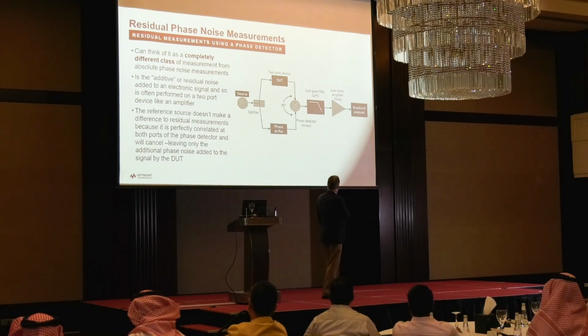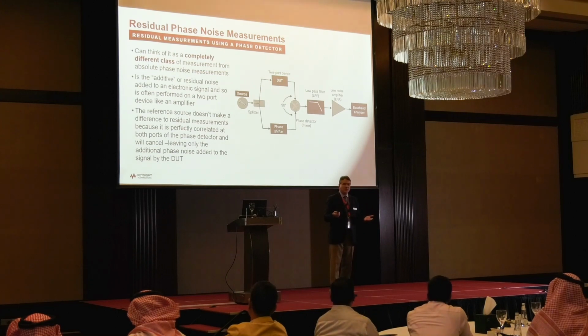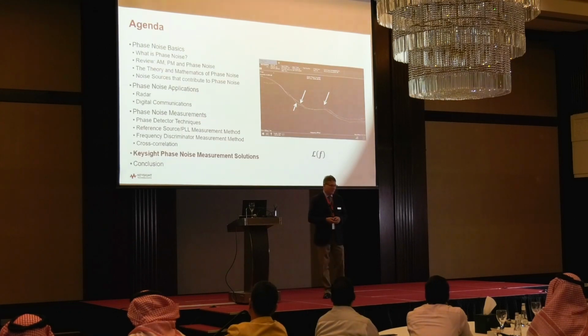We basically, again, want to maintain quadrature at the phase detector, just like before, so we can make an additive phase noise or residual phase noise measurement just on that device under test. So that's typical. It's a two-port measurement, an amplifier, cable, whatever that DUT is. We put that in the measurement path, and then we adjust the phase shifter on the other channel to get our output, which we then digitize and show on the analyzer screen. Okay, so residual phase noise measurements are also very, very important.